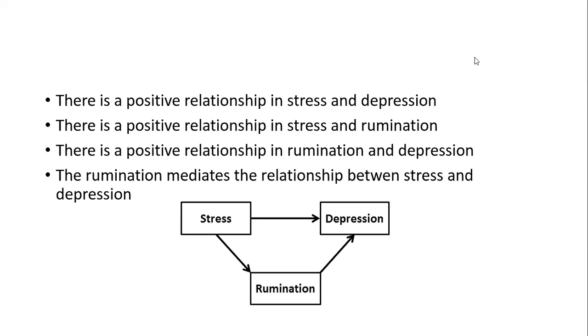So there are three hypotheses. Okay, and the fourth one will be the mediation one. Okay, in your research you will have to write down the four hypotheses for your mediation. I hope you got it.